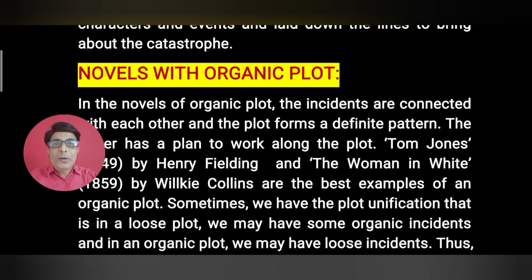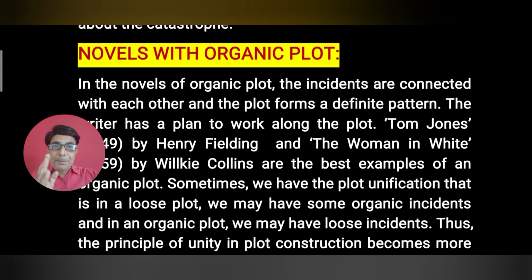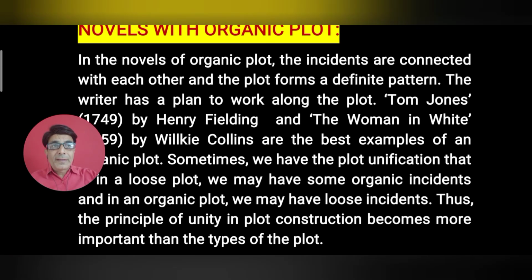Another kind of novel that we see is a novel with organic plots. In the novels of organic plot, the incidents are logically connected with one another, and there is a proper pattern of events. Some logic is presented among the events which are presented in the novel.